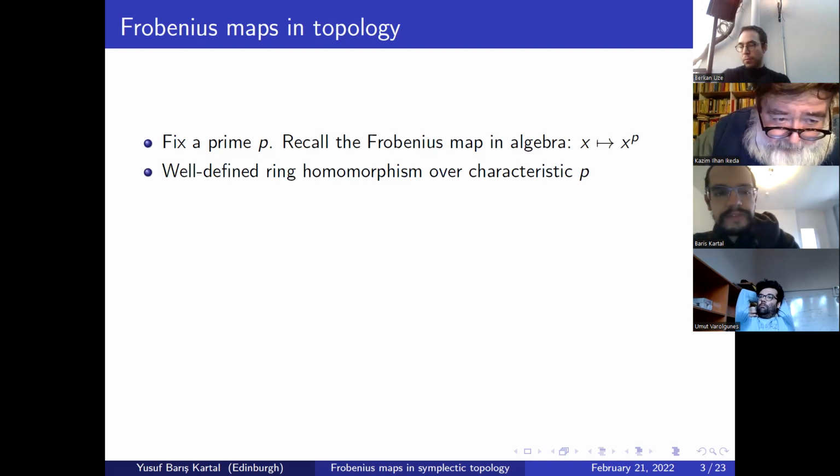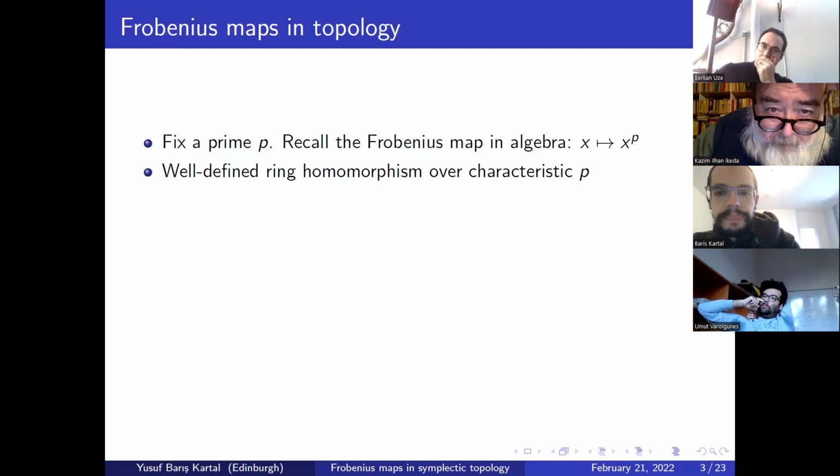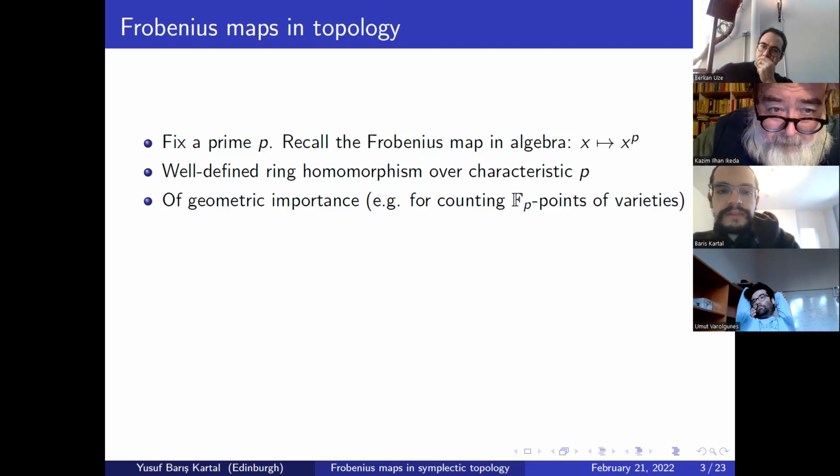It's a well-defined ring homomorphism over characteristic p, and it has geometric importance. For instance, the fixed points of the Frobenius are the F_p points, the rational points over F_p, and there are analogs of the trace formulas in differential topology in arithmetic geometry too. So you can count F_p points on varieties using the action of Frobenius, for instance, on various cohomology theories.